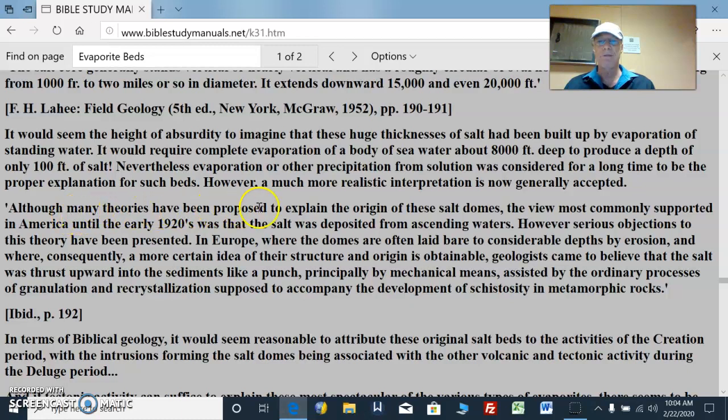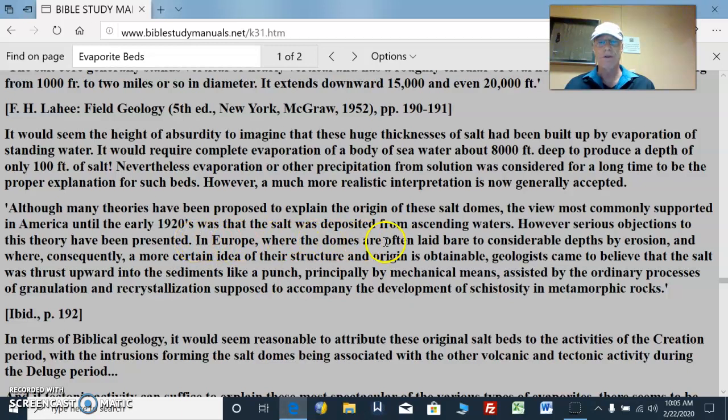Although many theories have been proposed to explain the origin of these salt domes, the view most commonly supported in America, until the early 1920s, was that the salt was deposited from ascending waters. However, serious objections to this theory have been presented.